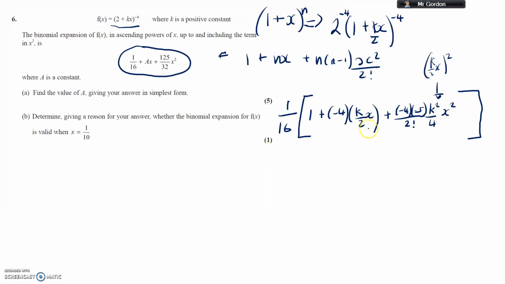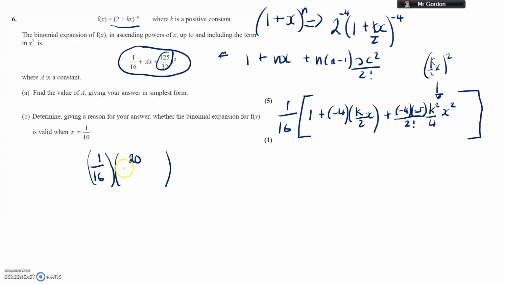Okay? That's important because we've got to compare coefficients of x squared with this number here. This 125 over 32 is going to be the same as what we've written here and this 1/16. So we've got to set that up. 1 over 16, and I'm just going to copy in all of this again. So 1 over 16 multiplied by, well, I can work this out really.